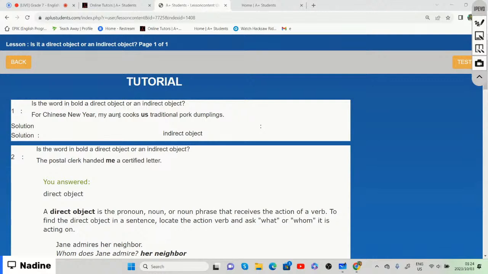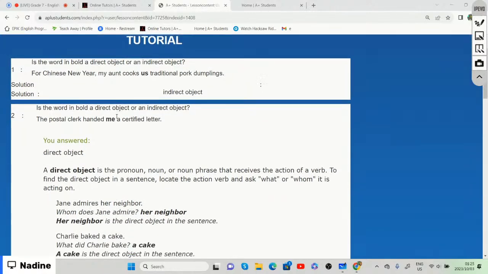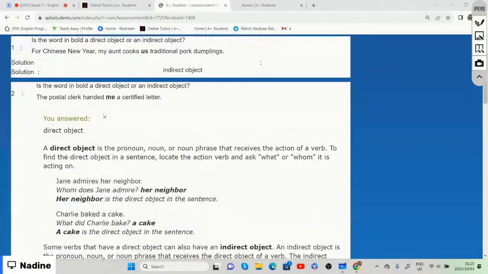We need to say if it is a direct or an indirect object. Us, direct or indirect object? If we look at the word us, then we will say it is an indirect object. And how do we know it is an indirect object?